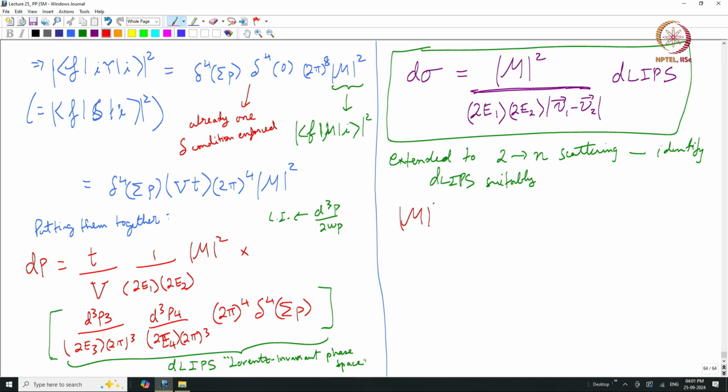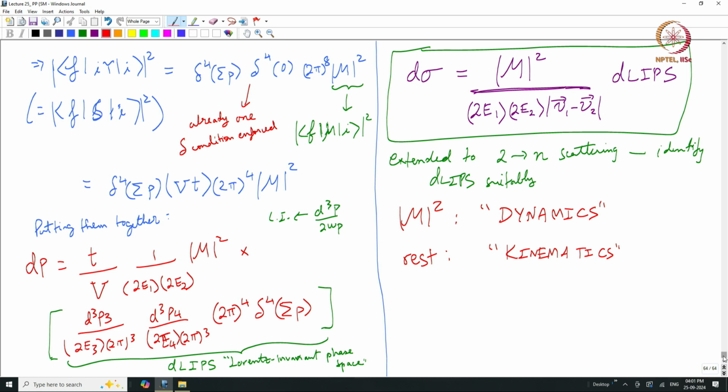This m squared bit encodes the dynamics in the problem, and then the rest of the terms encode the kinematics of the problem. So what do I mean by this? When we say kinematics, we are talking about energies and momenta and velocities and so on, and conservation of these in certain contexts, etc.